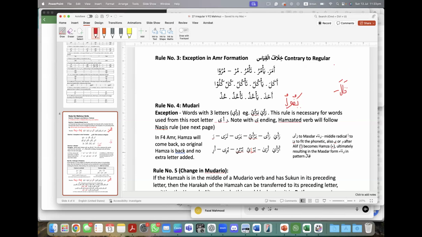So if it is Bab Nasara, Nun family, what would be the mudari for that? Qala, yaq. First original, yaqulu.